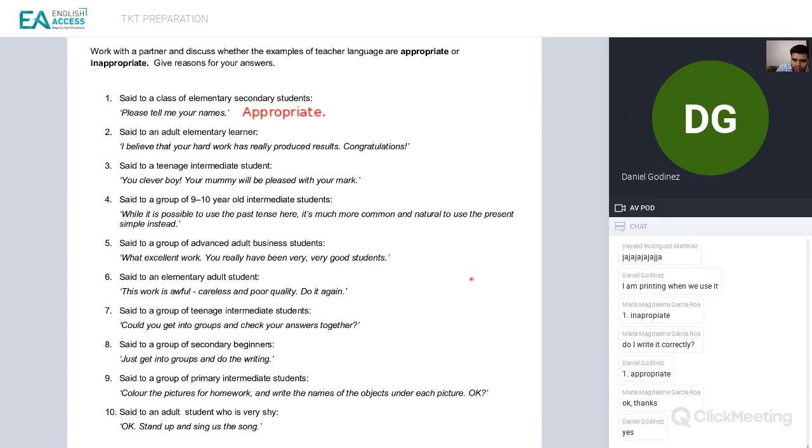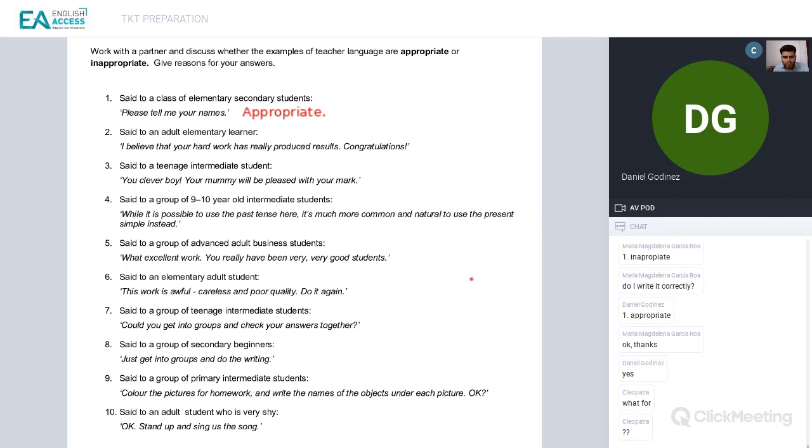You can use an informal way because they are young people, so you can go down to the level of the students, I think. Okay, okay. So you think it's appropriate because it's for their level.